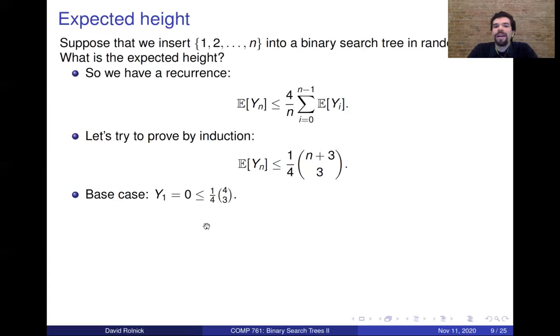So y1 is equal to 2 to the power of the height for a tree with one node. And that is 2 to the 0, and that is 1. So, sorry, again, this should be 1 here. So that's the base case, n equals 1. Always make the base case as small as you can.